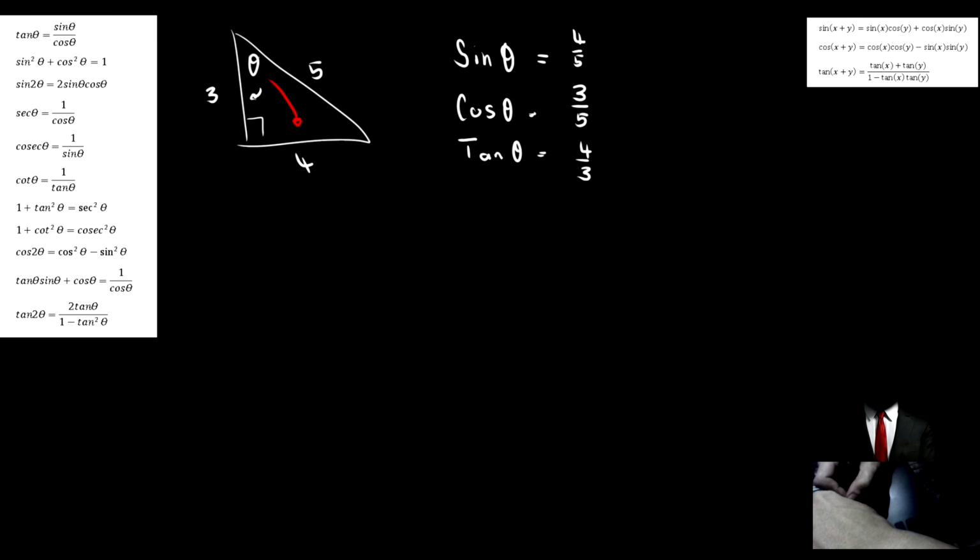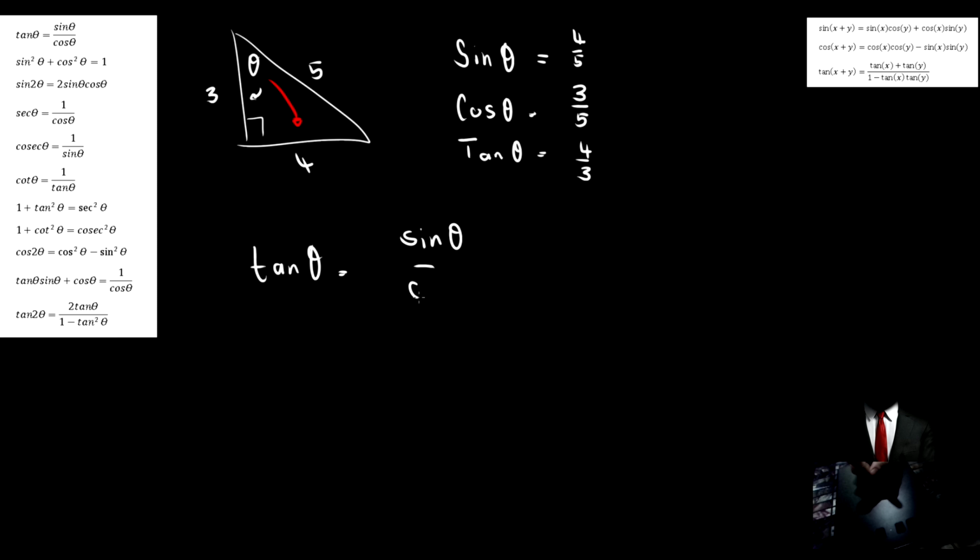So let's look at the first one. Okay, so the first one tells us, well, tangent theta is equal to sine theta over cosine theta. Well, to prove this one, I'm going to use values. Well, I know sine theta is equal to 4 over 5, so let's substitute what we have.